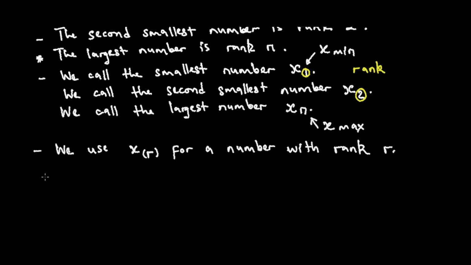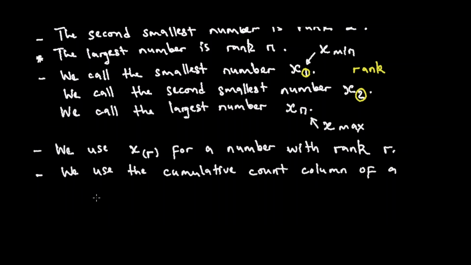So maybe let us write it as a note preemptively. Remember this note: we use the cumulative count column of a stem plot to find the rank of a number.